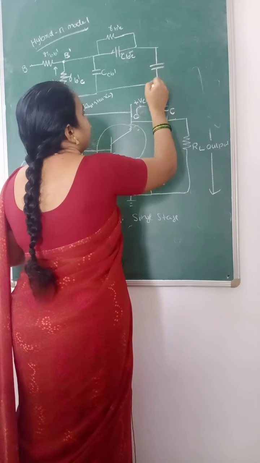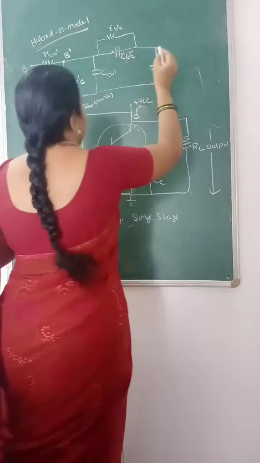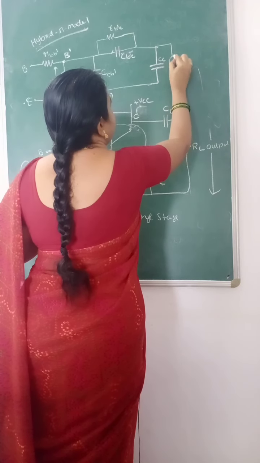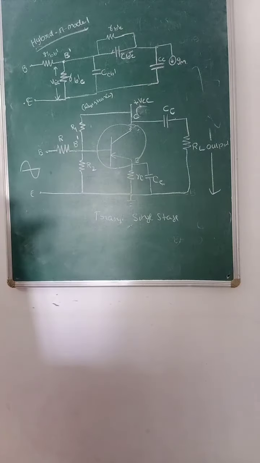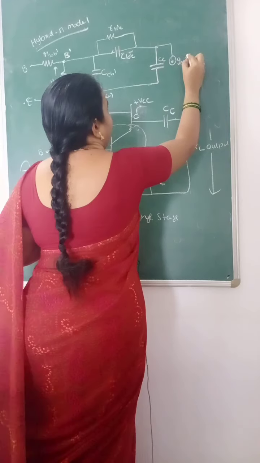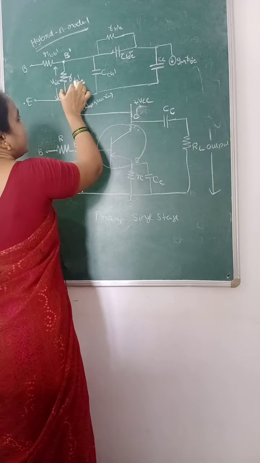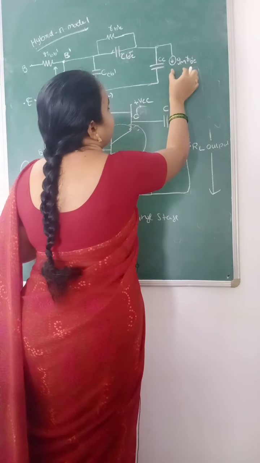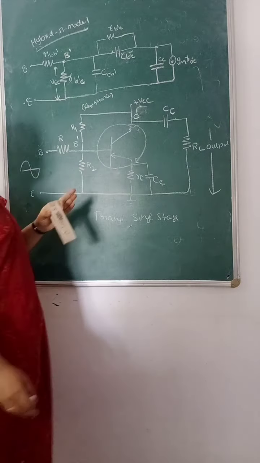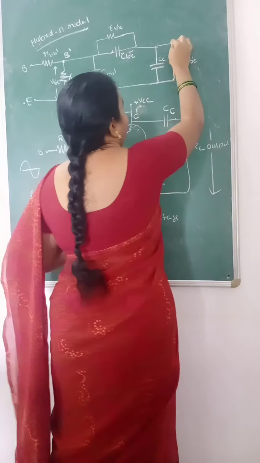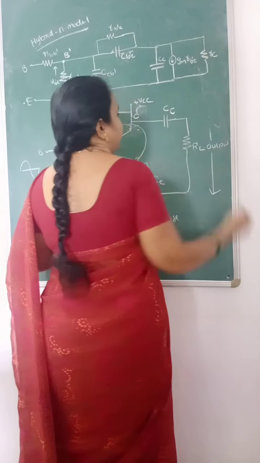So this is the collector, across the capacitance C. Here we will have a current source given by GM multiplied by RB dash E. So this value, RB dash E, multiplied by some term called GM into RB dash E. And at the output we will have a resistance. So I am replacing this resistance with the collector resistance.